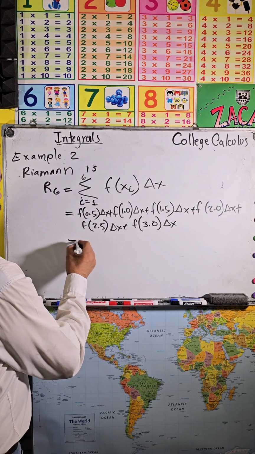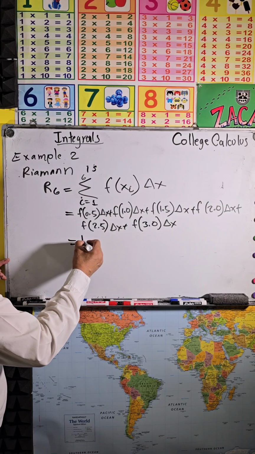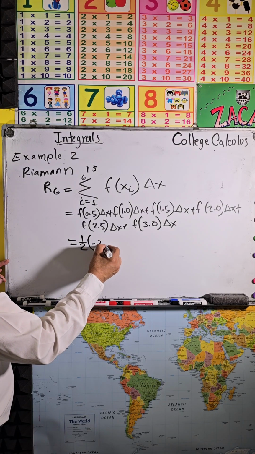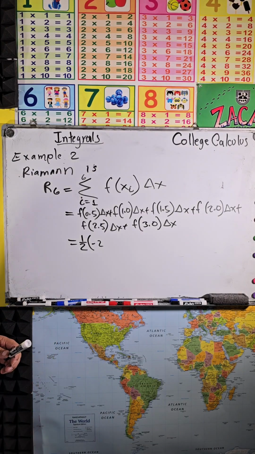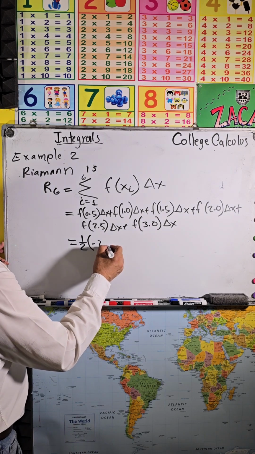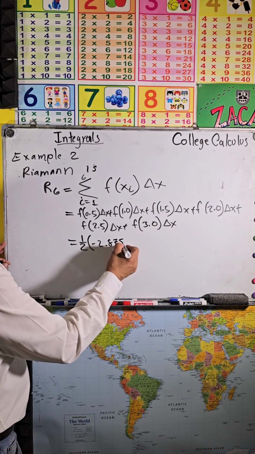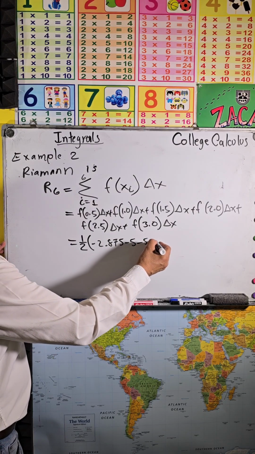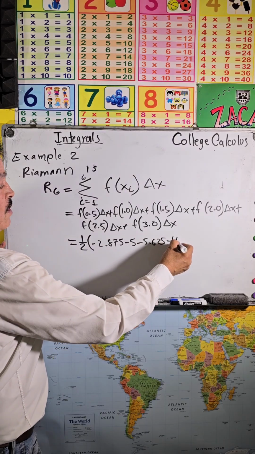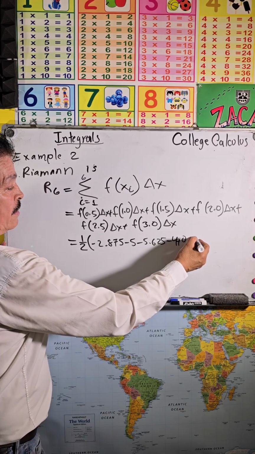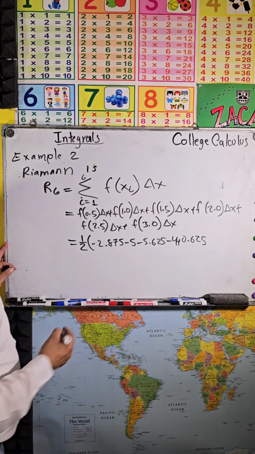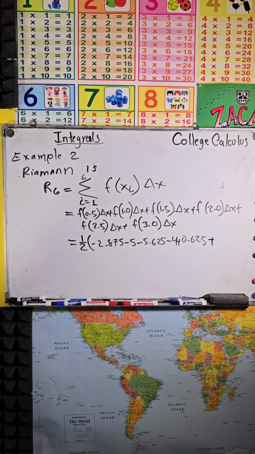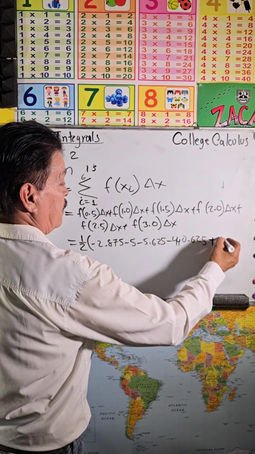So now we have to simplify here. We will have 1/2, remember, 1/2 times, let's write all the numbers there: negative 2.875, minus 5, minus 5.625, minus 4, plus 0.625, plus 9 right here, 9.